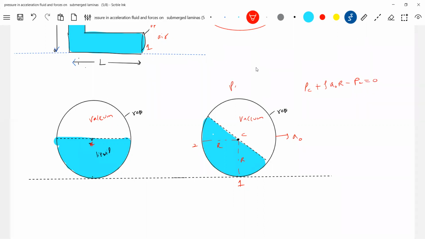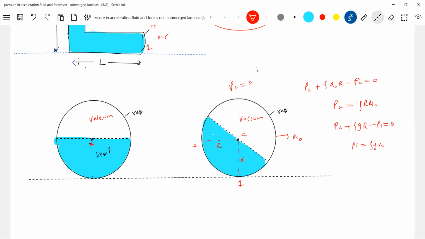PC is equal to 0 because of the vacuum. Therefore P2 equals rho R A naught. PC plus rho GR minus P1 equals 0. So pressure at 1 and 2 will be equal when A naught equals G.